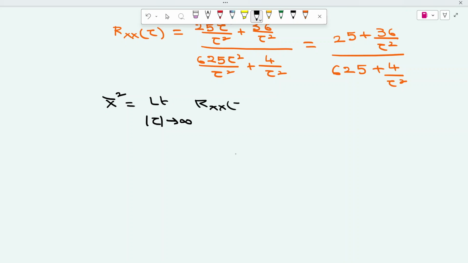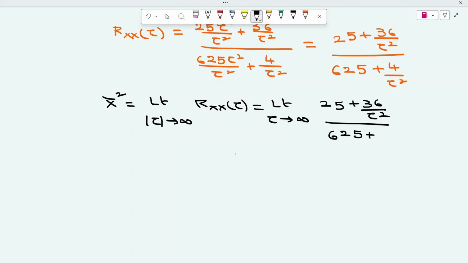So that is equal to limit tau tends to infinity of (25 plus 36 by tau square) by (625 plus 4 by tau square). Now as tau tends to infinity, this term becomes 0 and this term also becomes 0.